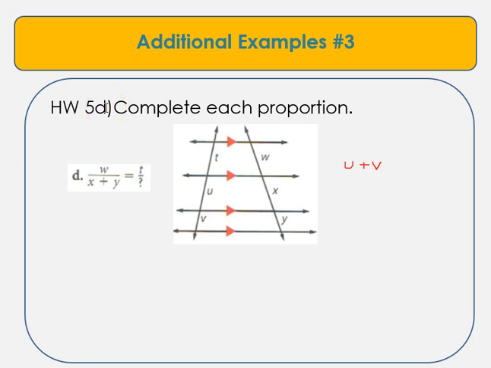And 5D uses our last corollary to prove, and it says W is to X plus Y as T is to, and your answer would be U and V. Don't let the fact that you have two variables being added here throw you. Just take a look at what the pieces are and line them up on the other side.